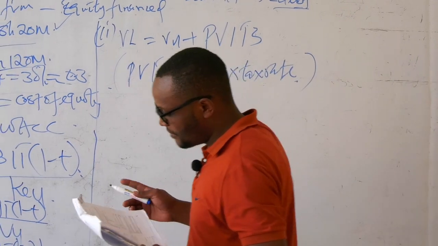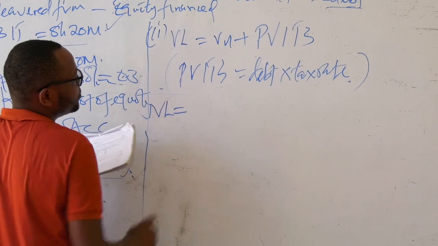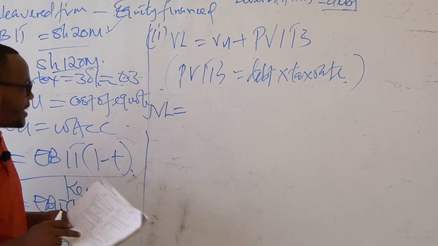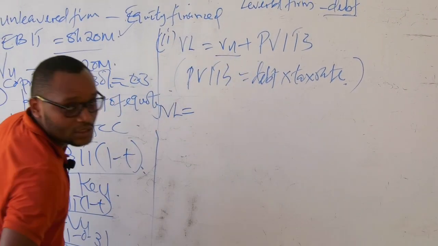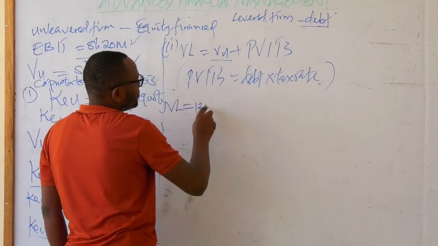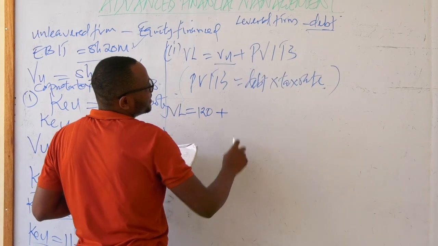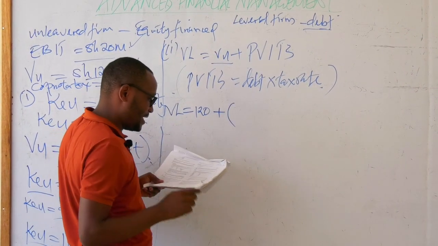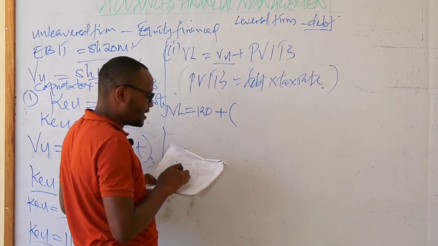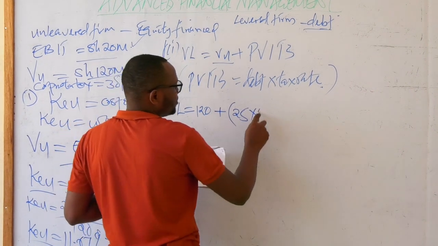So here we're going to have the value of a levered firm. We analyze the value of an unlevered firm, which we have each year as 120, then plus the present value of the interest tax shield, which we have said is debt, and the debt component we have here is 25, times the tax rate, which is 0.3.